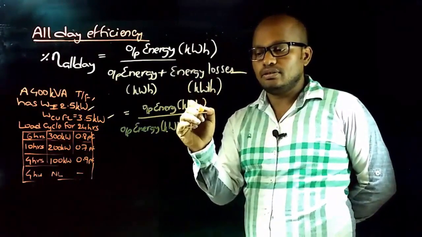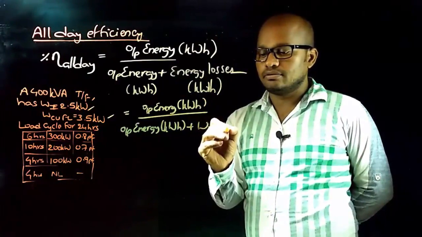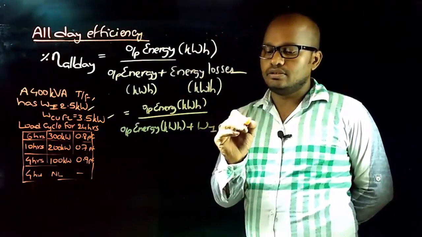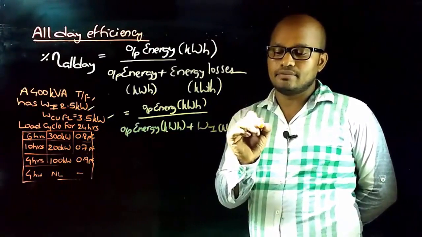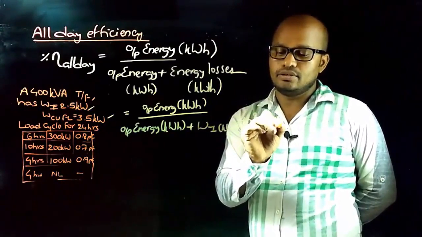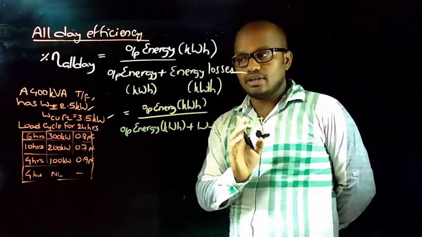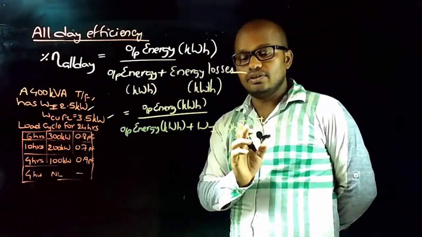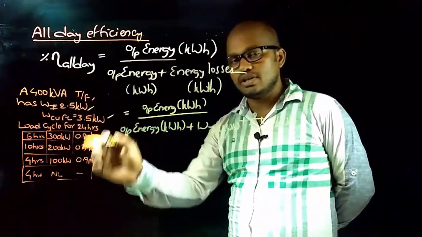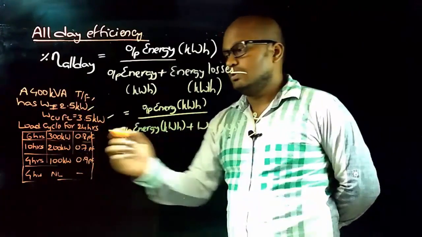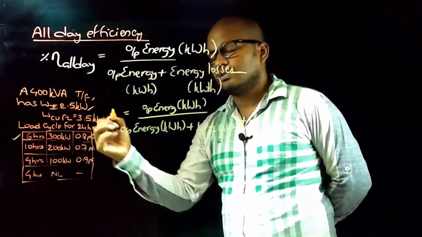Energy losses are iron losses and copper losses, which are equal to X square times WCU in kilowatt hours. If you observe this formula, we first need to find X, because there is no information about X.